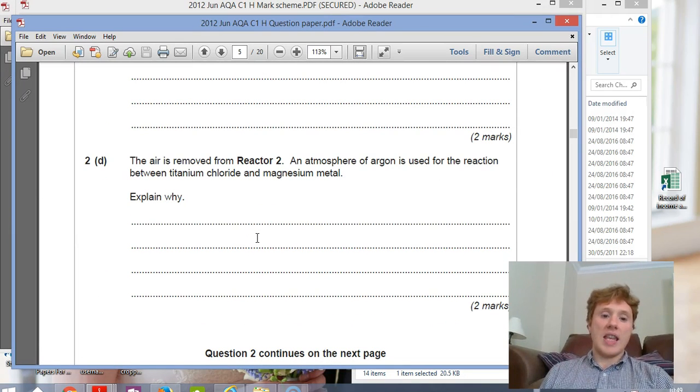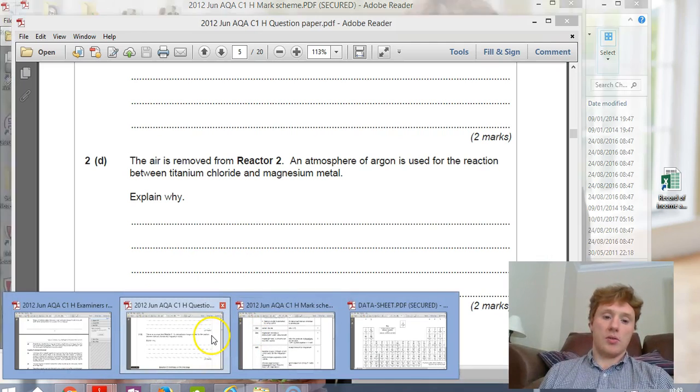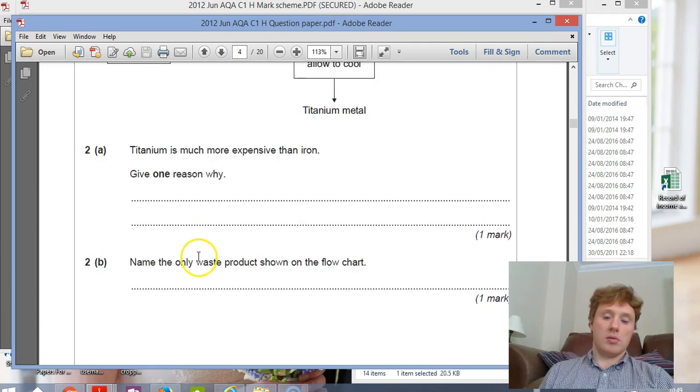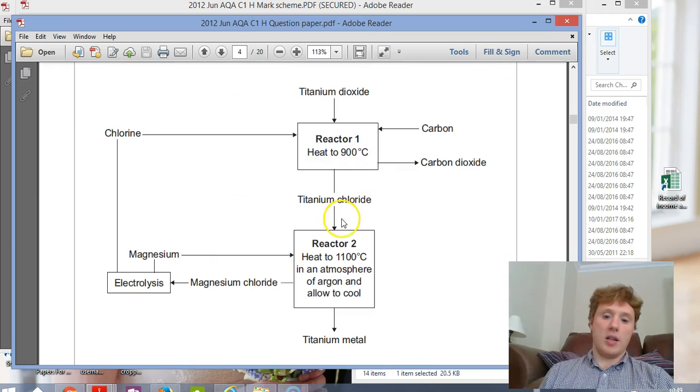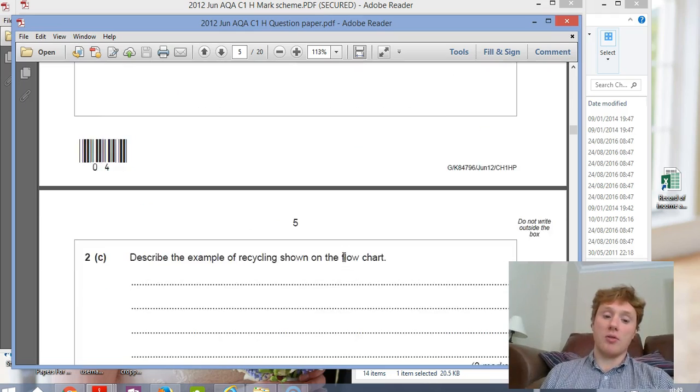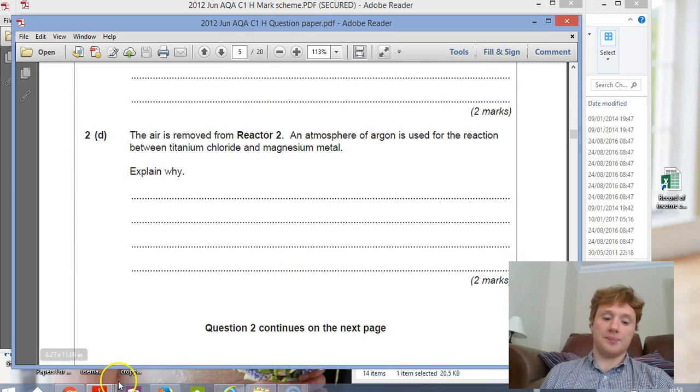Right, question D. The air is removed from reactor 2. An atmosphere of argon is used for the reaction between titanium chloride and magnesium. Explain why. A clue: 1100 degrees. You're probably heating magnesium to that high in the air, so that will give you a clue why. Off you go.